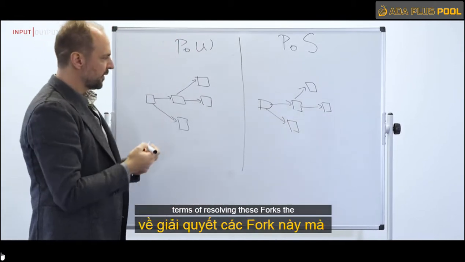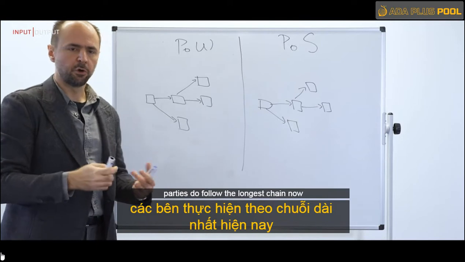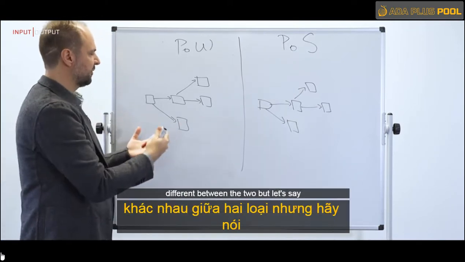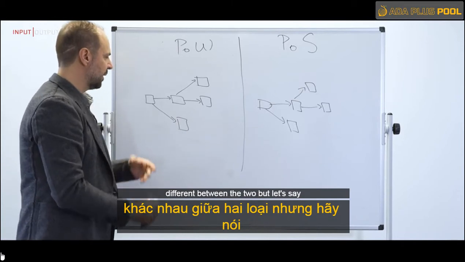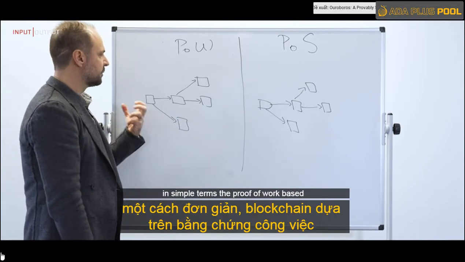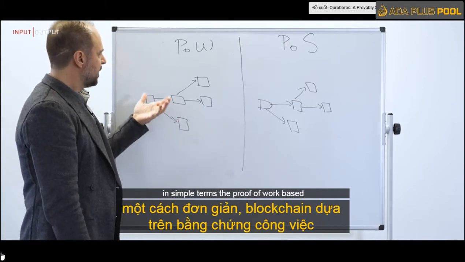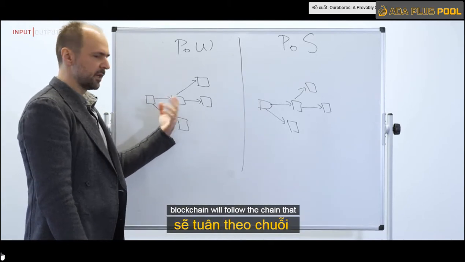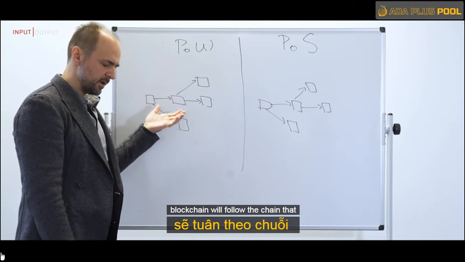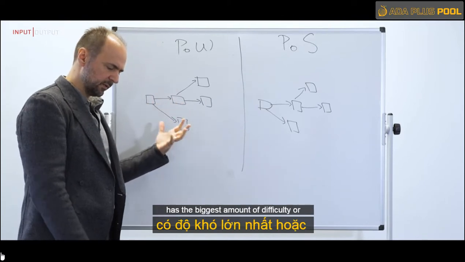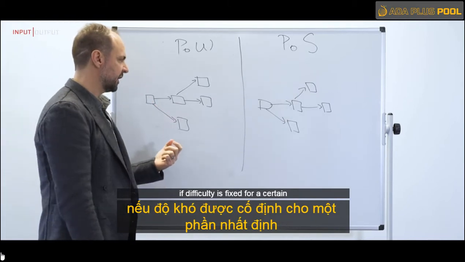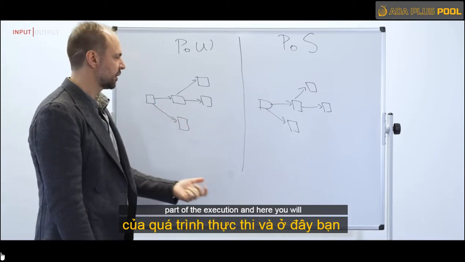In terms of resolving these forks, the parties do follow the longest chain. Now the definition of longest is slightly different between the two. But let's say in simple terms, the proof of work based blockchain will follow the chain that has the biggest amount of difficulty, or if you want the most amount of blocks, if difficulty is fixed for a certain part of the execution.